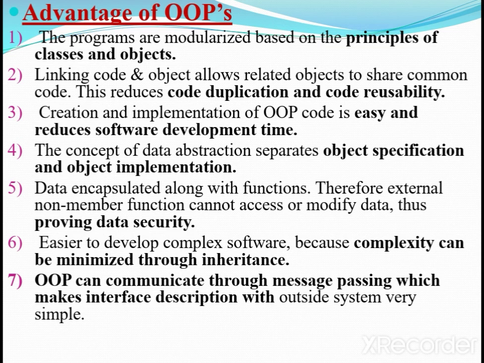It is easier to develop complex software because complexity can be minimized through inheritance. And OOP can communicate through message passing, which makes interface description with the outside system very simple. These are some of the advantages of OOP.